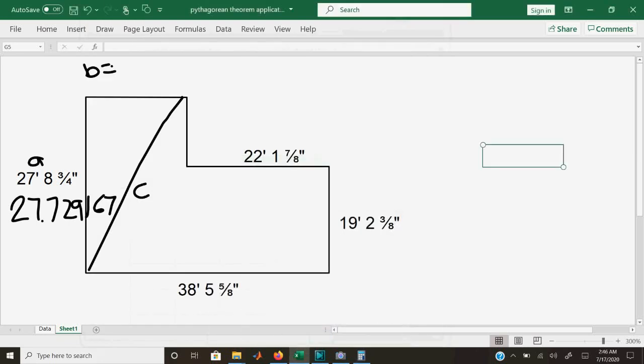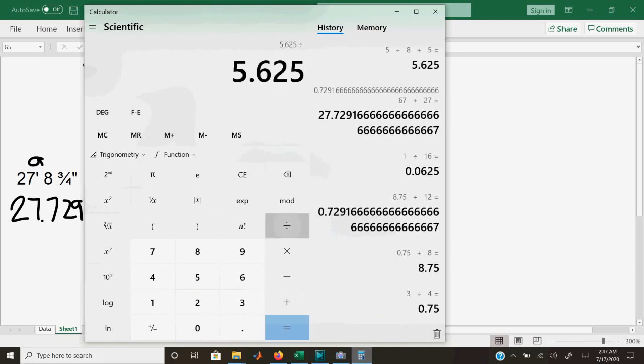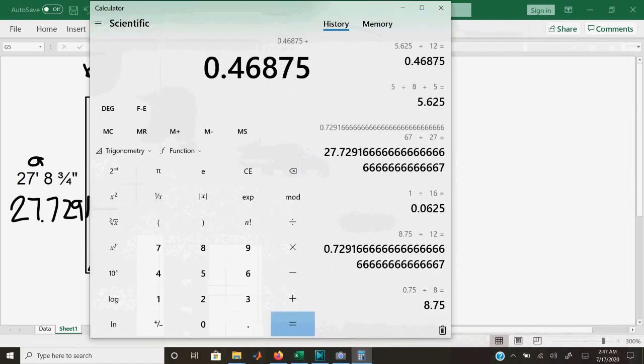Now I'm going to take my 38, 5 5/8 inches. So 5 divided by 8 plus 5 gives me the number of inches, divided by 12 gives me the number of feet, and I add my 38.